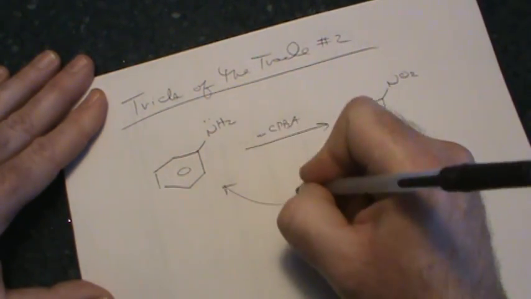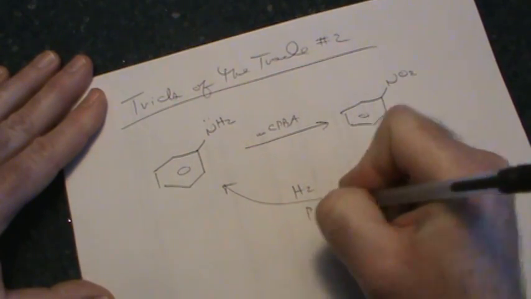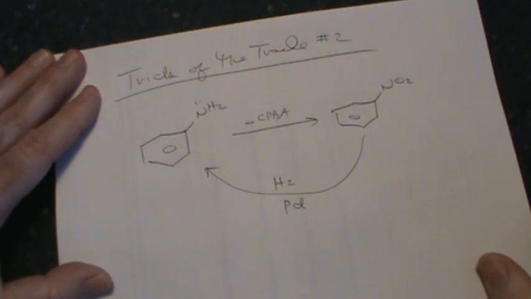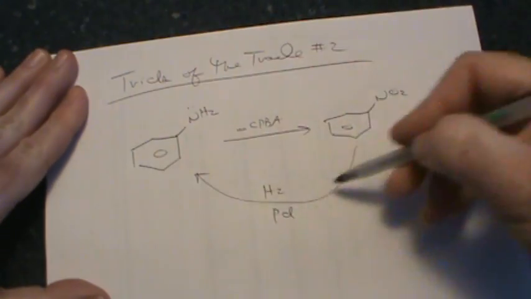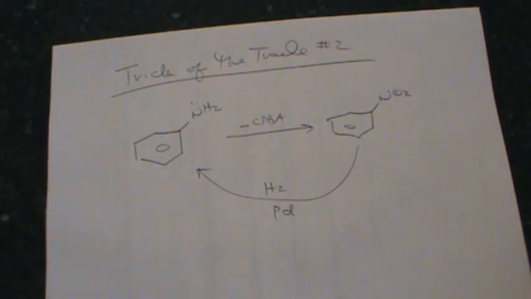And the nitro group can in turn be reduced to the amino group. In other words, the nitro and the amino group are interchangeable through these reactions. That is very, very useful.